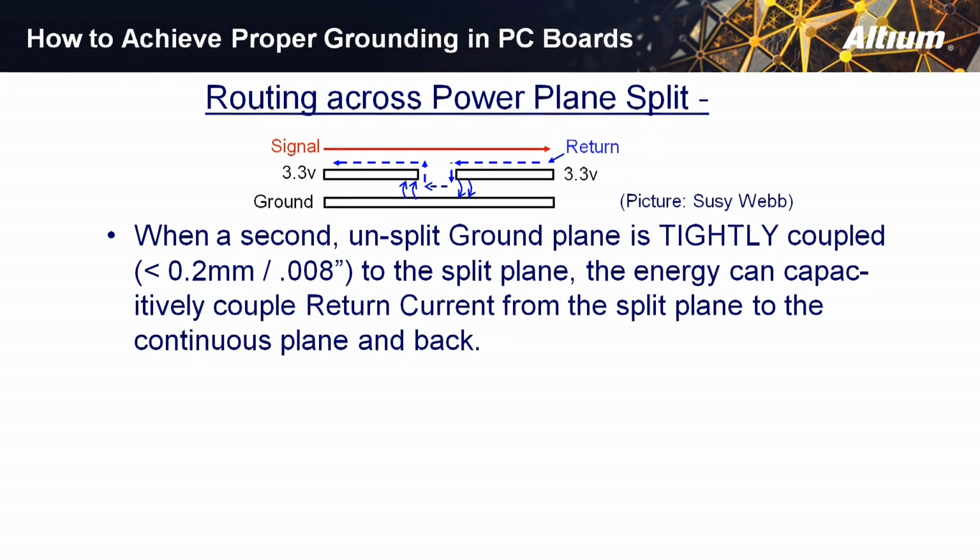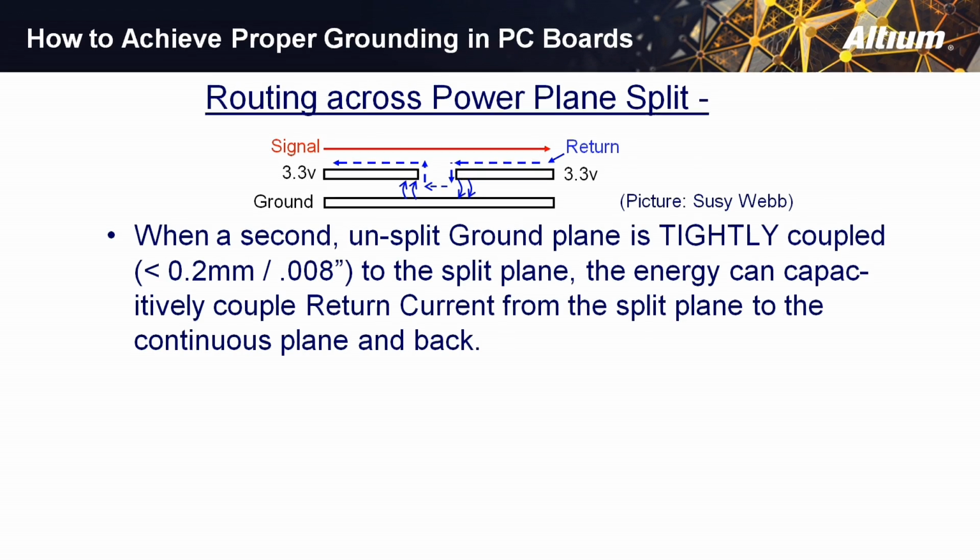If you can keep the power and ground planes within 0.2 millimeters of one another in terms of dielectric spacing, then the fields will couple through that opening in the power plane to the ground plane below. And you'll get a little bit of field spread as that happens, but the field spread will be minute enough that it's not going to cause a problem.